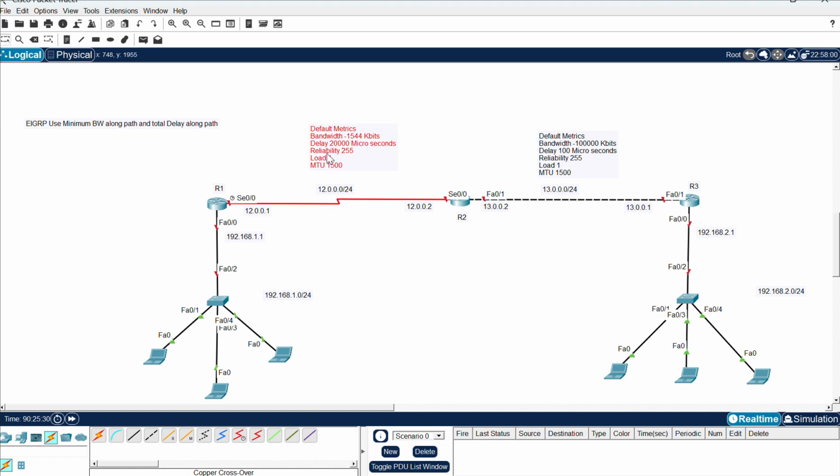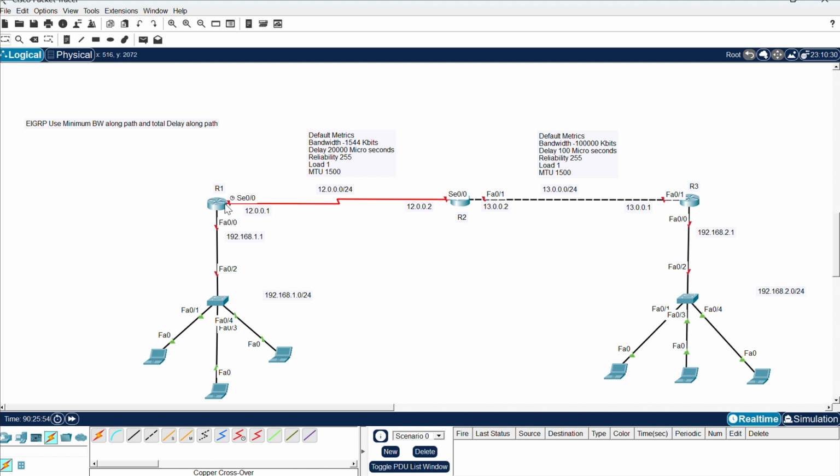For the serial connection, these are the defaults. Bandwidth is 1544 kilobits, delay is 20,000 microseconds, reliability is 255, load is 1, and MTU is 1500 bytes. For Fast Ethernet, bandwidth is 100 Mbps, delay is 100 microseconds, reliability is 255, load is 1 and MTU 1500 bytes.